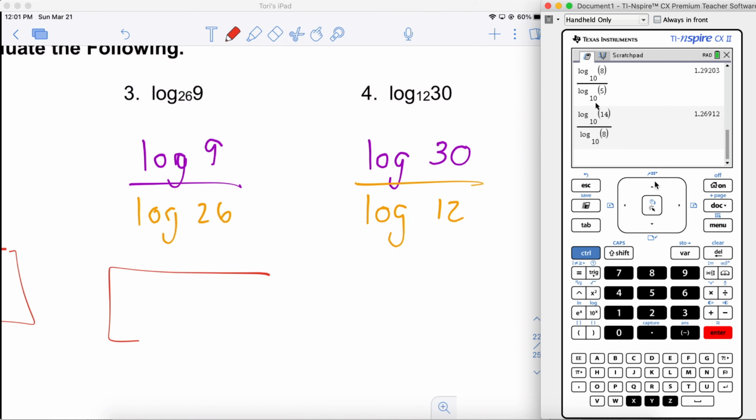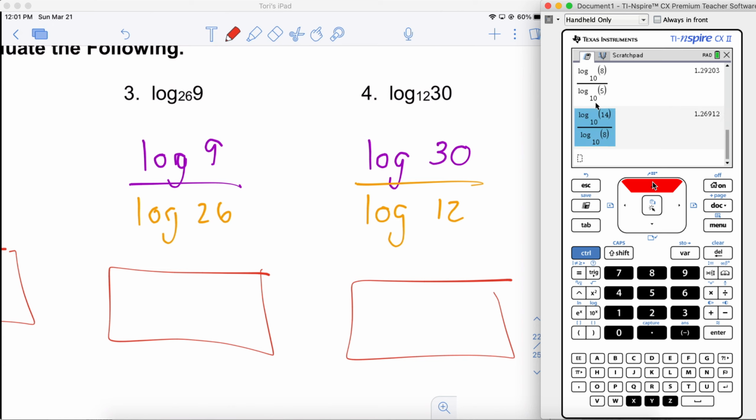We're going to put both of these in the calculator and get our decimals. I'm going to stay on the Inspire. So up, up, copy it. I'm going to change the top one to a 9, bottom one to a 26, and there's my answer. 0.674. No rounding up, just staying at 0.674.